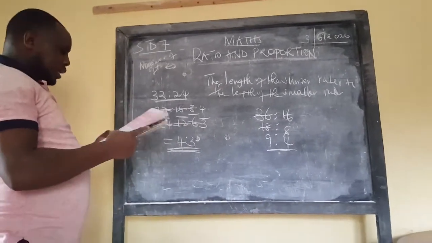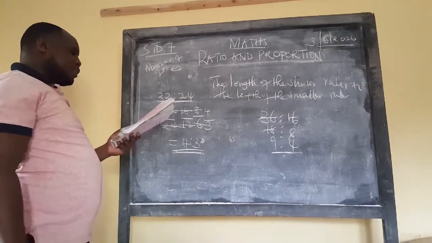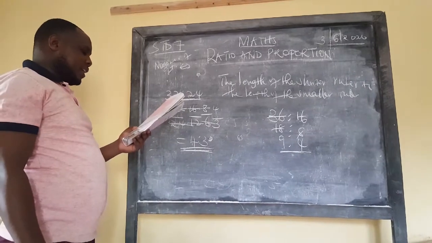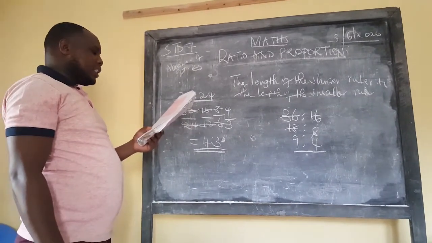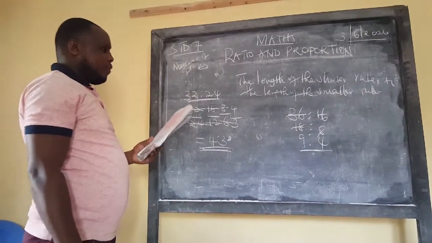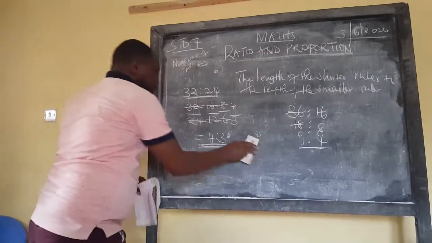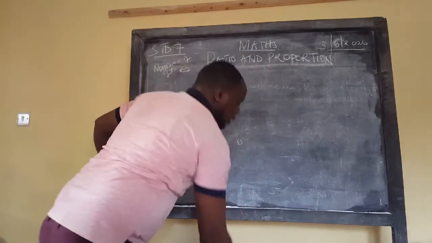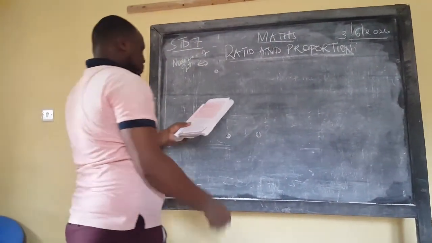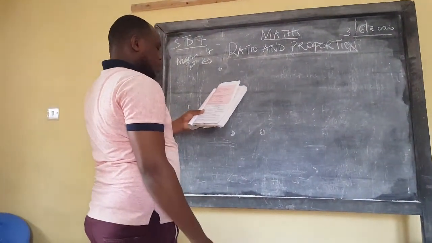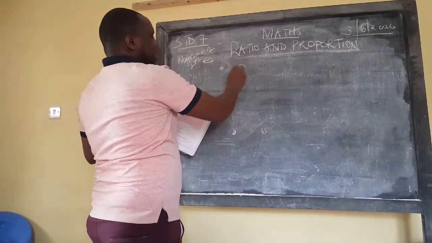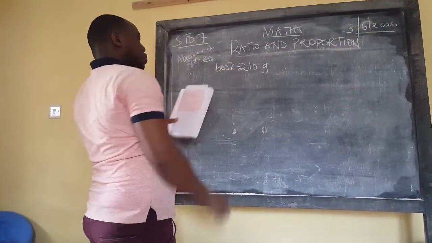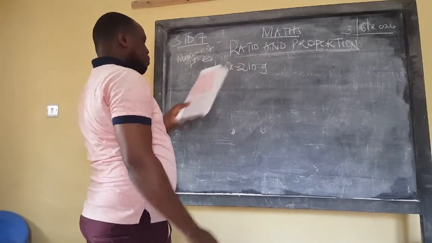And here we are told the mass of Bogori's book is 210 grams and the mass of his dictionary is 560 grams. What is the ratio in the simplest form of? So there are 3 questions here. We need to simplify this statement into a workable statement. Bogori's book weighs 210 grams. So that is the book. We want to translate it into something that we can work on.